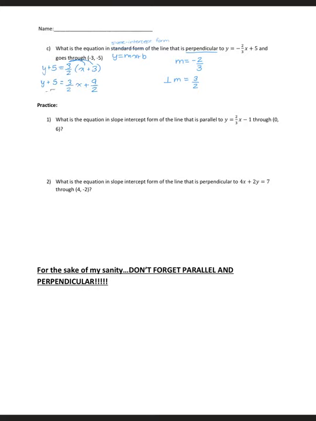Now I need to subtract 5. So 9/2 minus 5. Well, 9/2 is really 4.5. Minus 5 gives us negative 0.5, or negative 1/2. And that is our equation in slope-intercept form. So try these practice problems, and if you have questions, let me know.